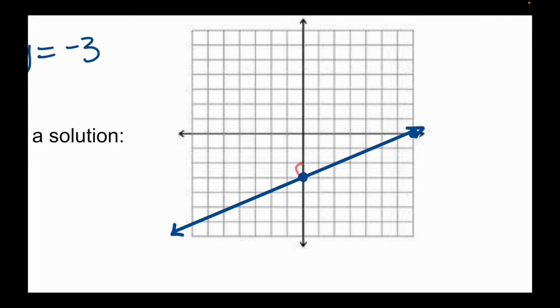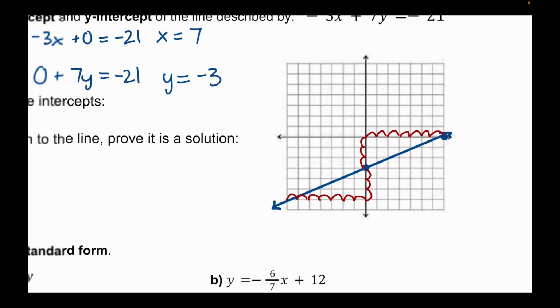So this goes up 1, 2, 3, and then over 1, 2, 3, 4, 5, 6, 7. If we're following that same pattern going downwards 1, 2, 3, we should also be able to go over 1, 2, 3, 4, 5, 6, 7. And my line pretty much hits right there, but that's because I don't really have a good ruler.